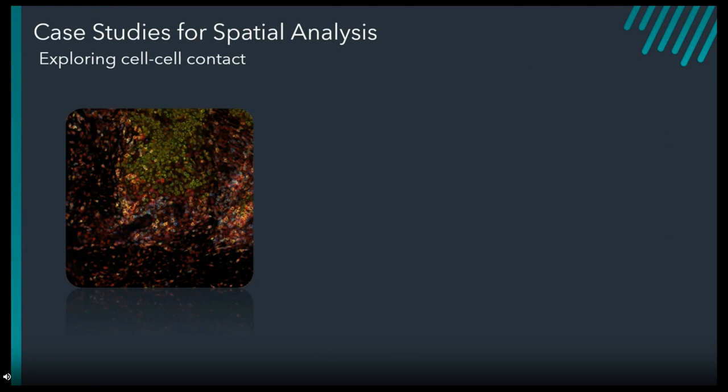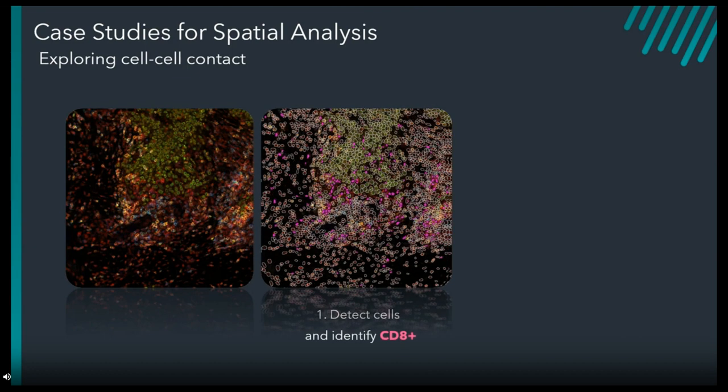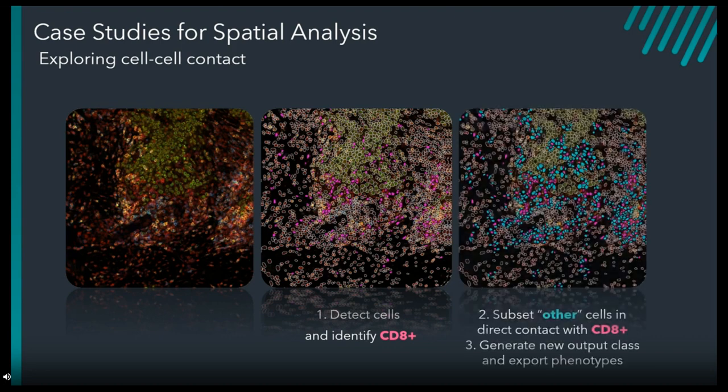For CD8 and PD-L1, a direct interaction is important. Therefore, we can also do spatial analysis of our phenotypes by looking at the cell-cell contact. For this, we use our cell segmentation mask and then bring out the phenotypes, so only the CD8 expressing cells. And then we look at all cells that are in direct contact with these CD8s.